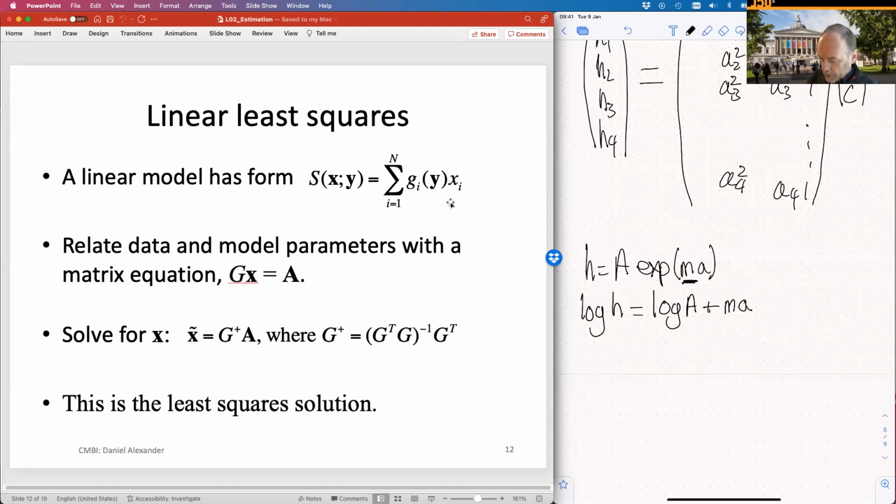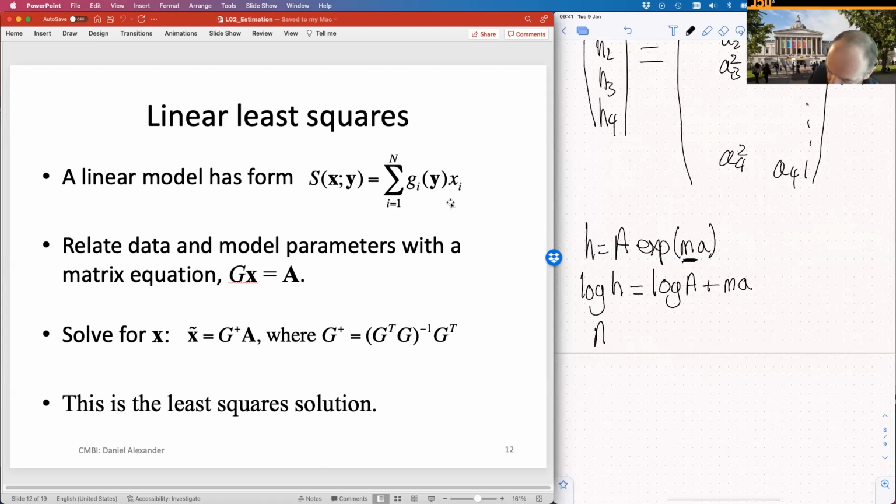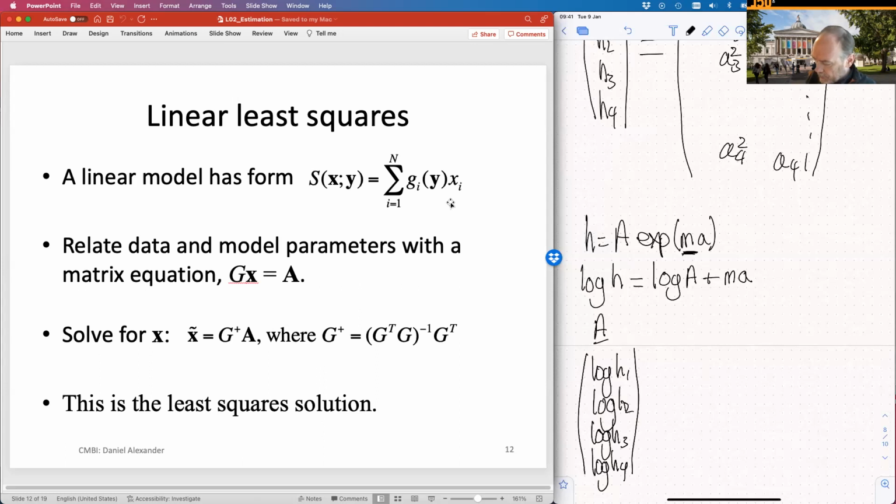Rather than using the original measurements h1 up to h4, we think of the log measurements as our measurements instead, and write our vector as log h1, log h2, log h3, log h4, and our list of unknown parameters is now log a and m.